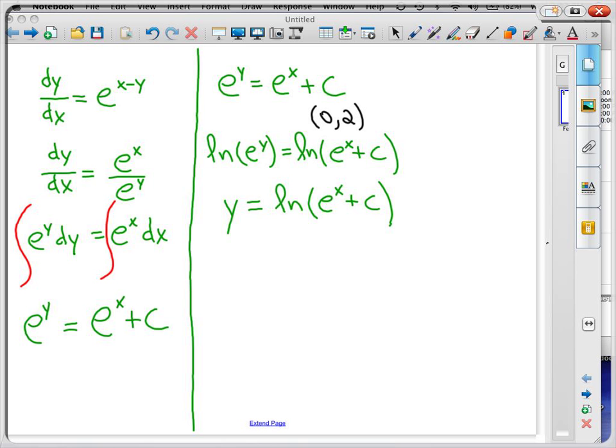Now at this point, I'm going to go ahead and try to solve for c by using the initial value. So I want 2 to equal the natural log of e to the 0 power plus c.